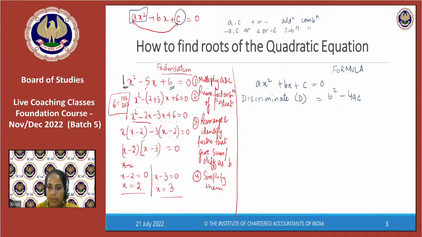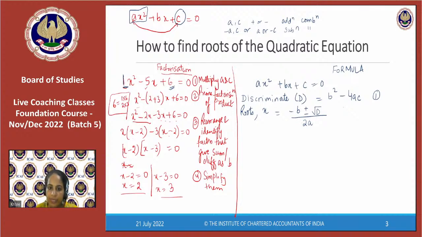So the first step is I'll find out b square minus 4ac. Then the value of x, that is the roots, x is equal to minus b plus or minus root D by 2a. Minus b, minus the coefficient of x, plus or minus root D by 2a.